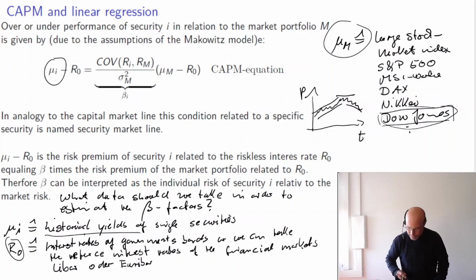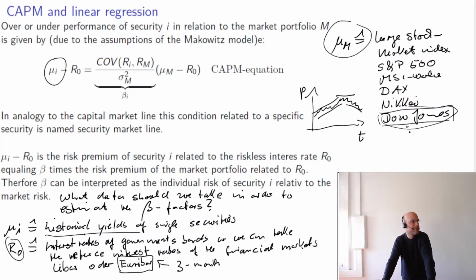Then I choose now here the Euribor, because we will do it then for the German capital markets, and for this mostly the reference interest rate is the 3 months Euribor.